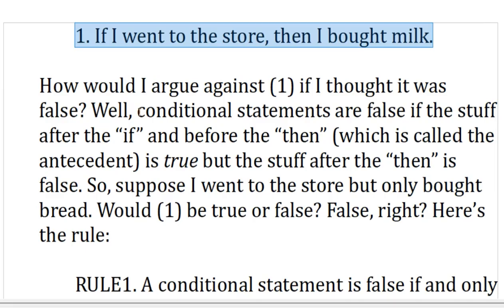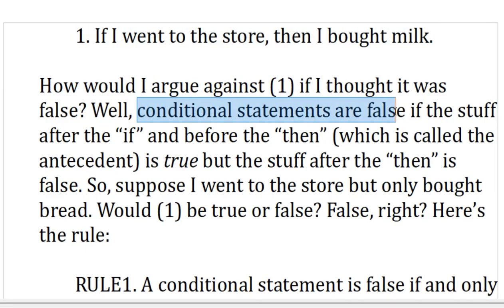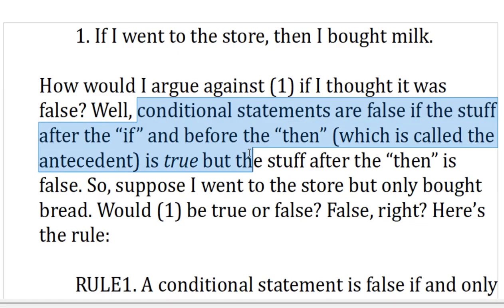Here's what you need to know. Conditional statements are false if the stuff after the if and before the then is true, but the stuff after the then is false. Now that's kind of fancy.